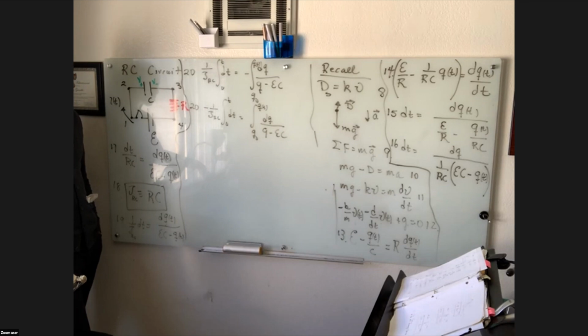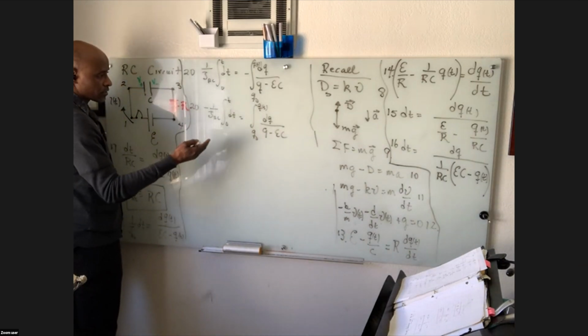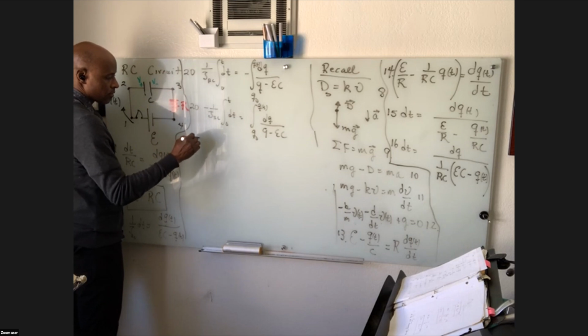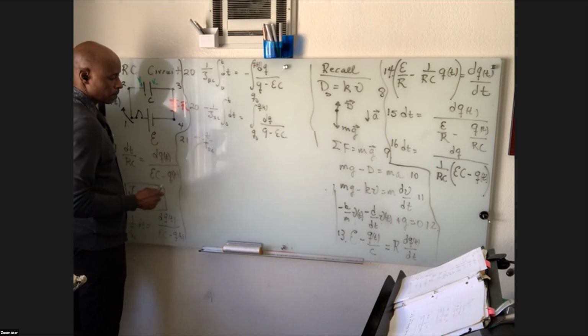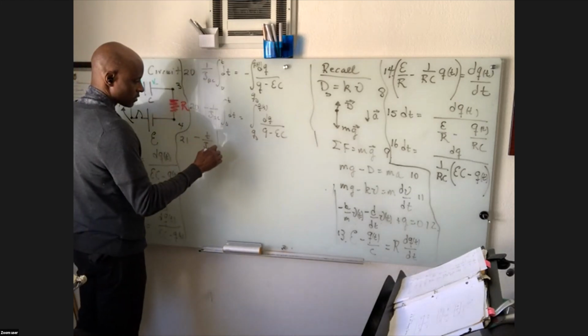So the left side just integrates to t from 0 to t, so minus t over tau RC. The right side is a logarithm, but you've got a constant in there. So the solution would be, and this goes from 0 to t.